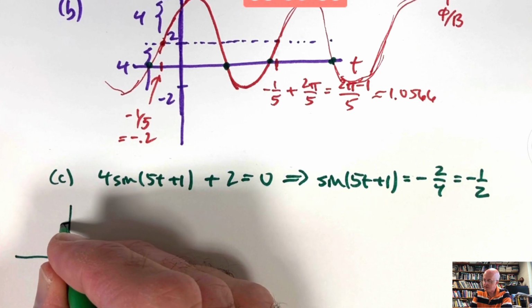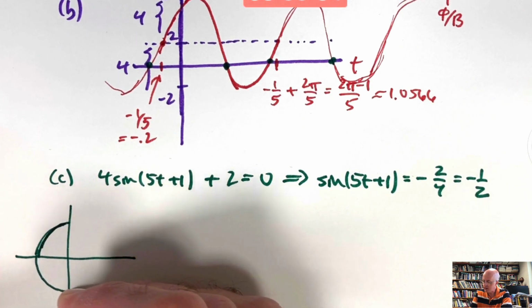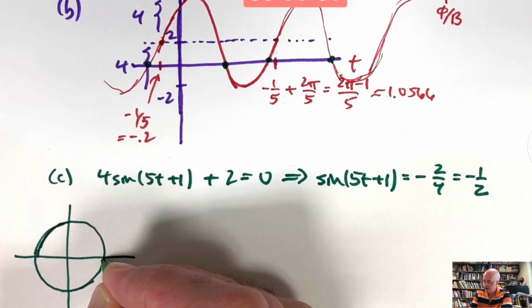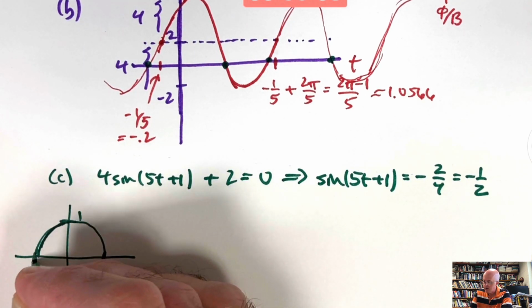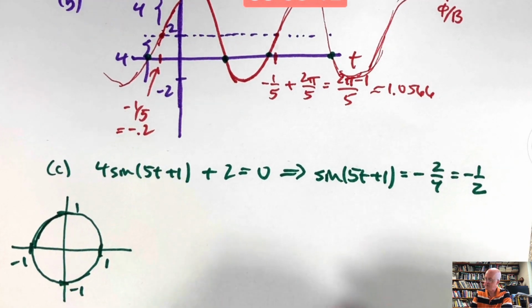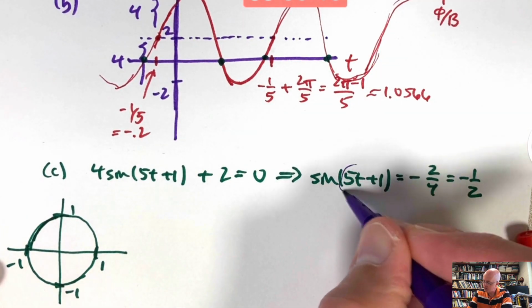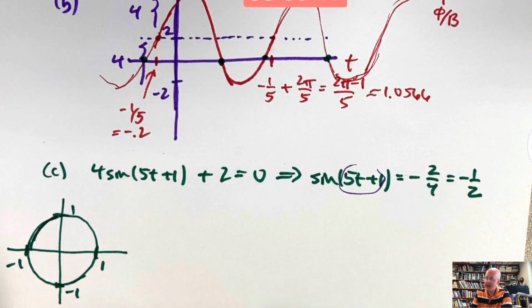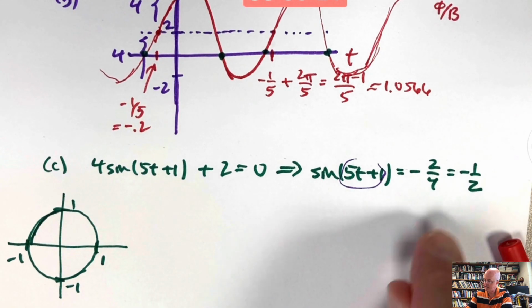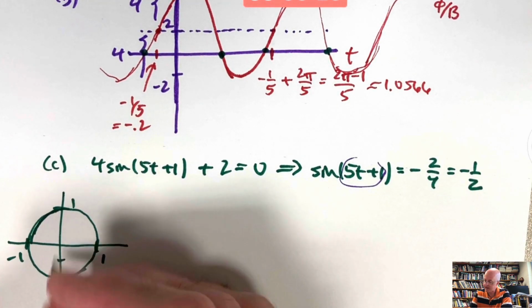So going back to the unit circle, draw the unit circle centered at the origin with a radius of 1. And we're after inputs for this sine function, which are 5t plus 1, that when thought of as an angle, give a sine of negative 1/2, meaning a second coordinate of negative 1/2. Here's negative 1/2 on the vertical axis there.